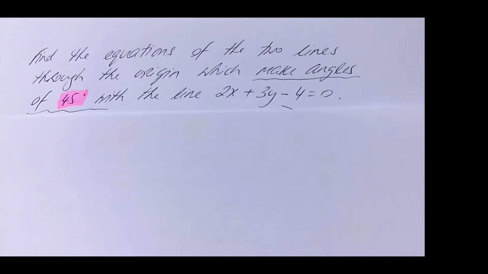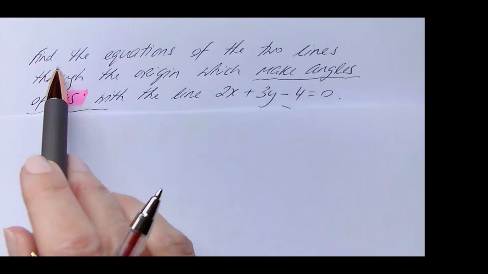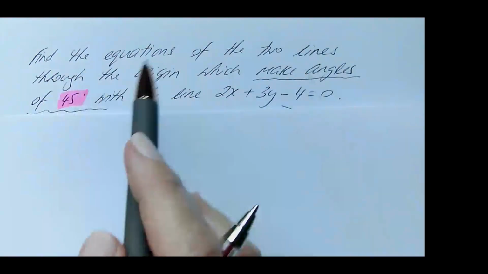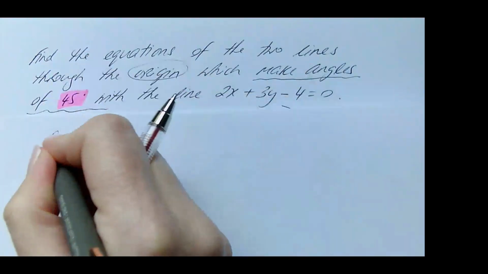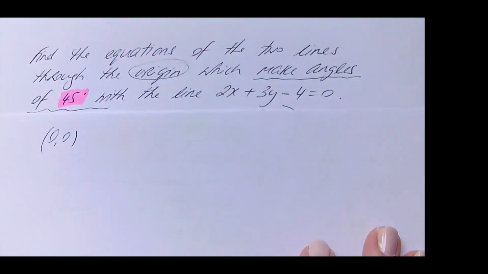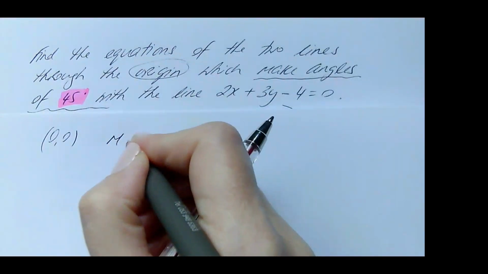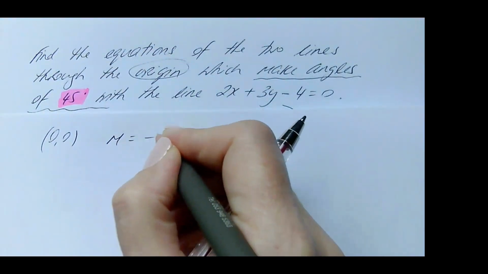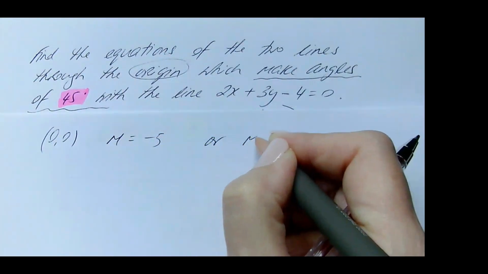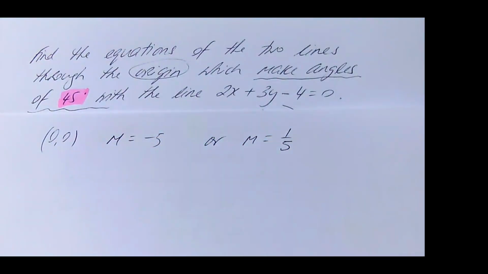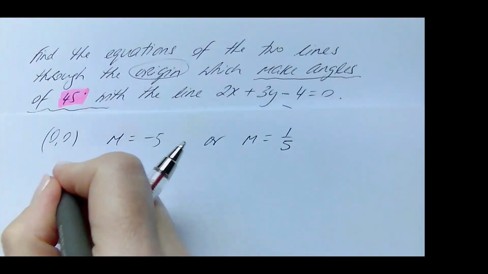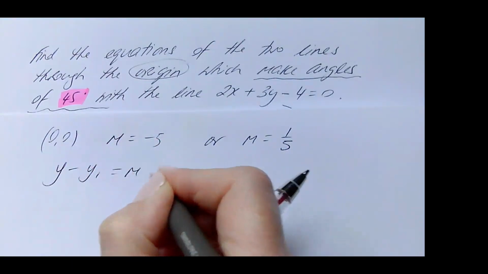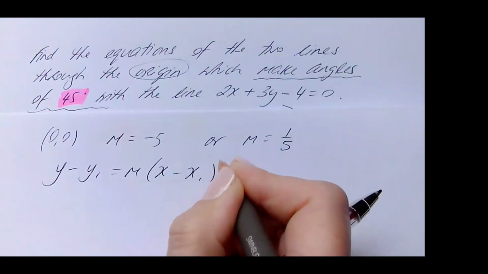So I'm going back up to the question now. I want the equations of the two lines through the origin, which of course is the point 0, 0, which make angles of 45 degrees with the line 2x plus 3y minus 4 equals 0. So the two slopes, of course, I have m is equal to minus 5 or m is equal to 1/5. And of course, this is my formula for the equation of a line.